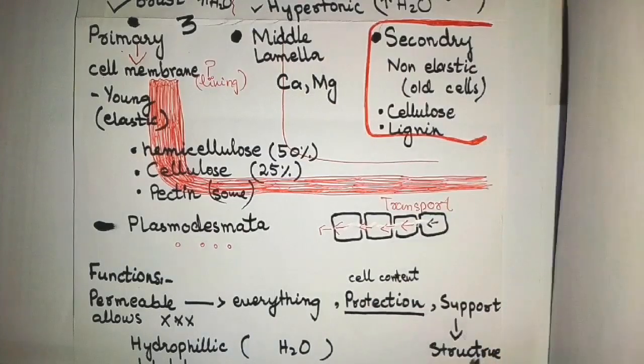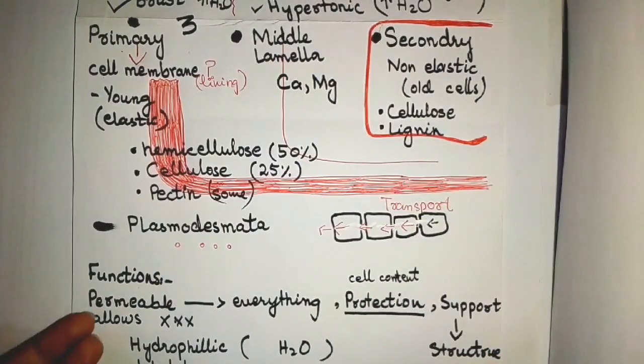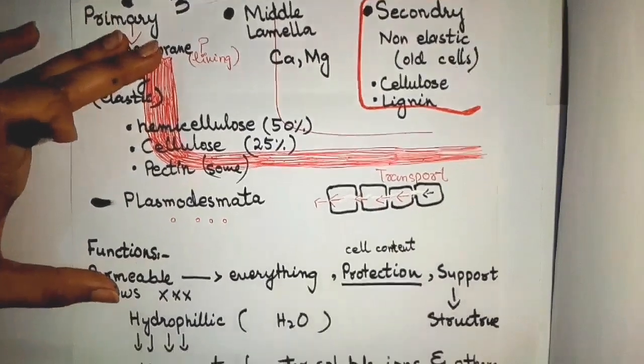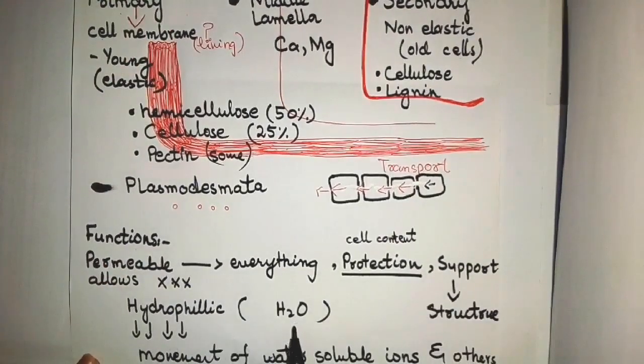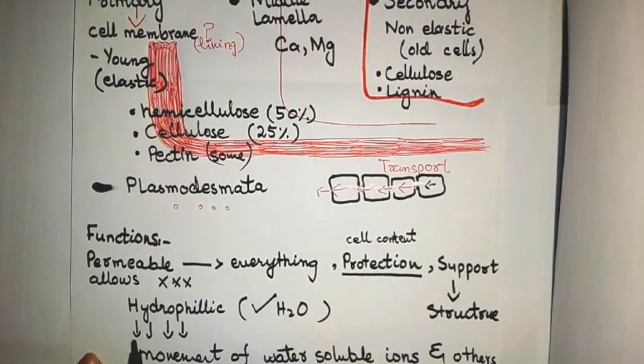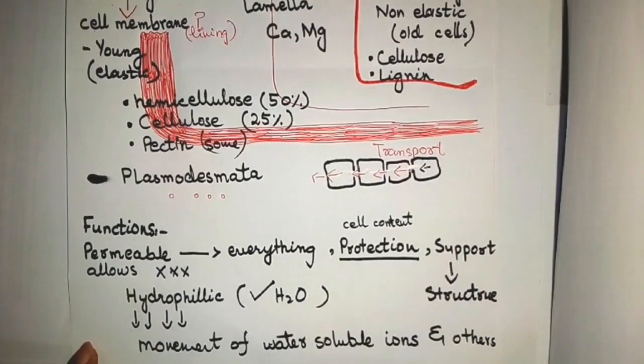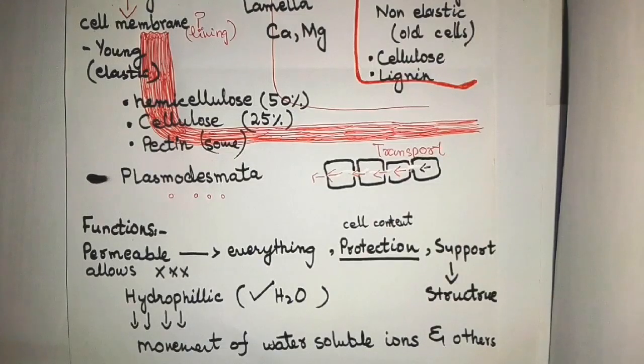It provides structural support, and because it is hydrophilic in nature, it loves water. It can easily help in the movement of water, soluble ions, and other components essential for the plant.